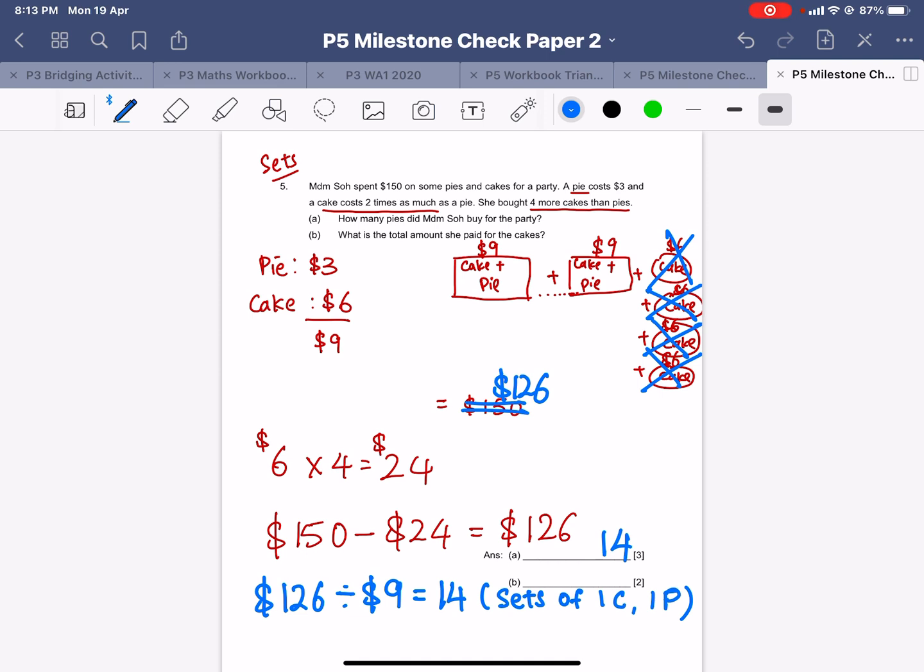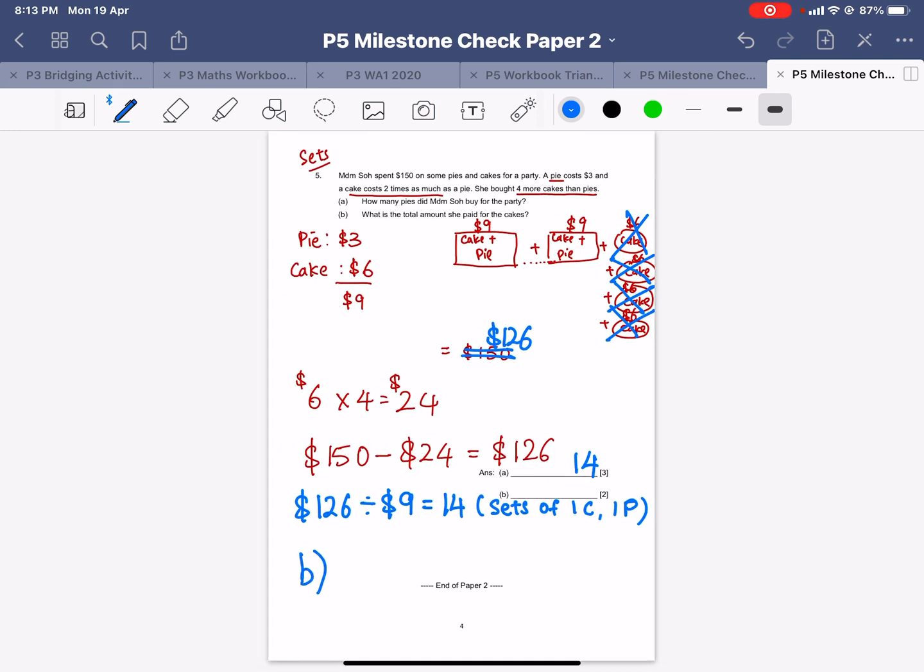But what about cake? Cake has 4 extra cakes, right? So 14 plus 4. The cake is used to solve for part B. If there are 14 sets of cake and pie, there should be 14 cakes also, plus the 4 extra cakes, so you have a total of 18 cakes.